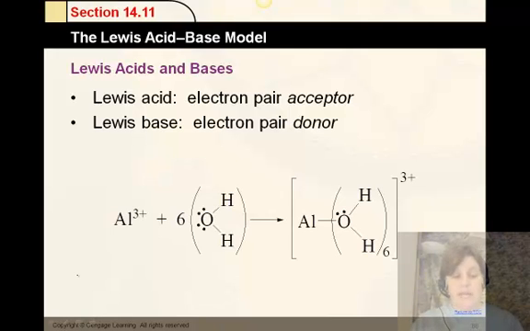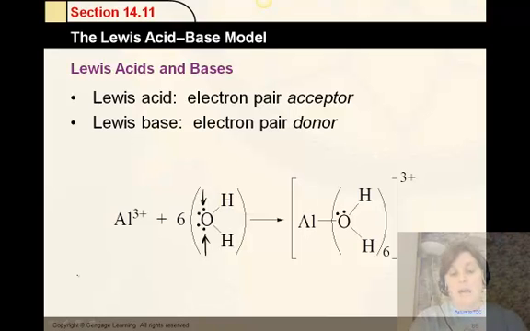So here's a good example. We have aluminum, which has a +3 charge. Obviously it has no exterior electrons, all the lower level electrons are full. And OH2, in other words, water. Now, you notice that the oxygen here has a couple of pairs of electrons.